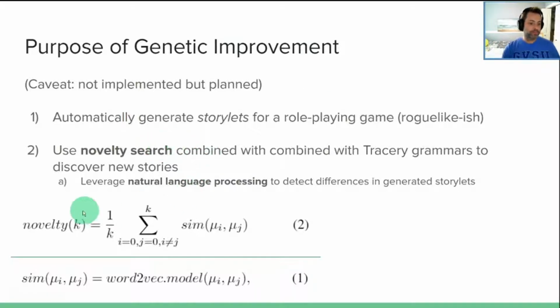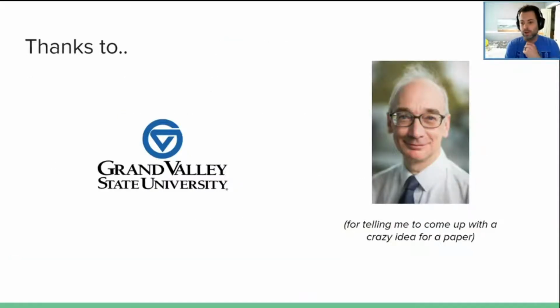Now, the idea would be to basically have a novelty function, which is our fitness function in novelty search, try and find the most diverse set of generated stories using word2vec or some other NLP-based technique to kind of nicely fit into our fitness function here, and then generate a new diverse set of solutions. So that's the entire goal, and that's the purpose. We're not quite there yet with the GI aspect, but the playability is starting to get there.